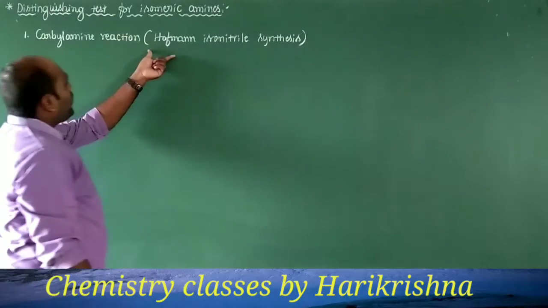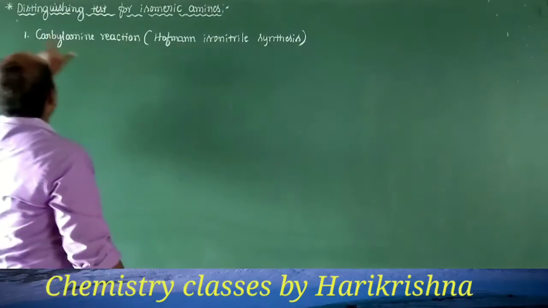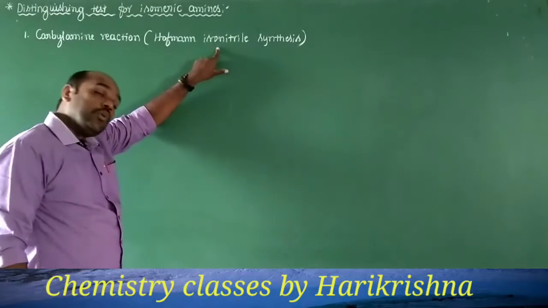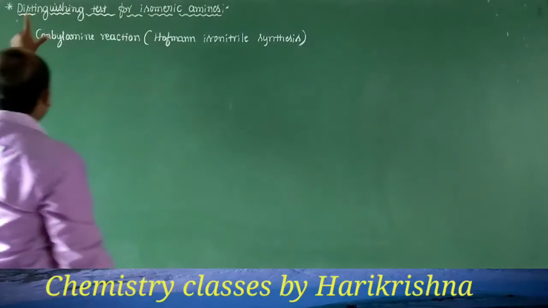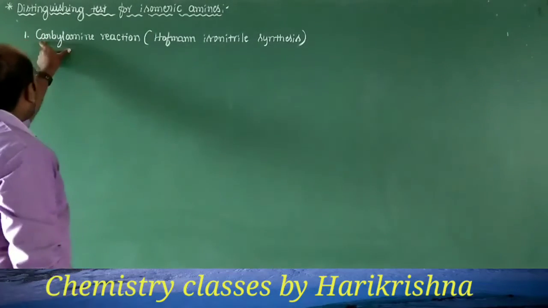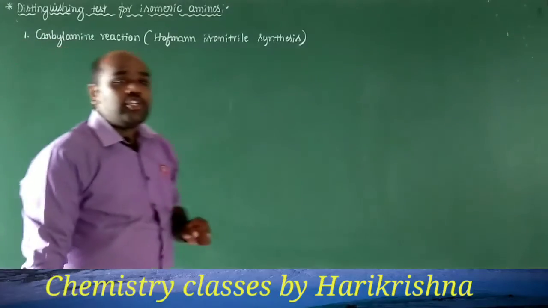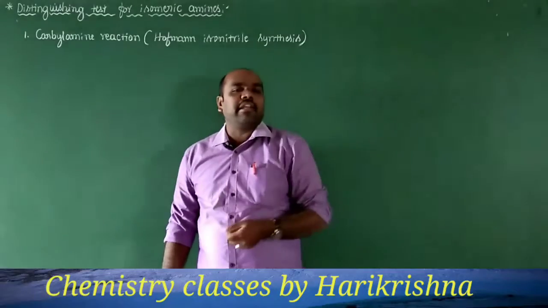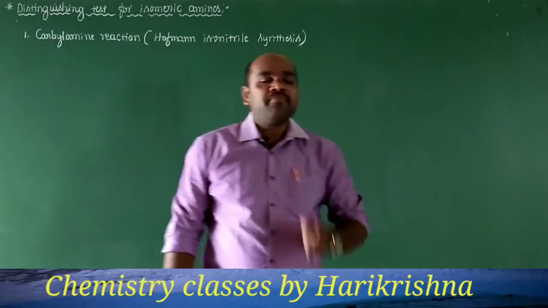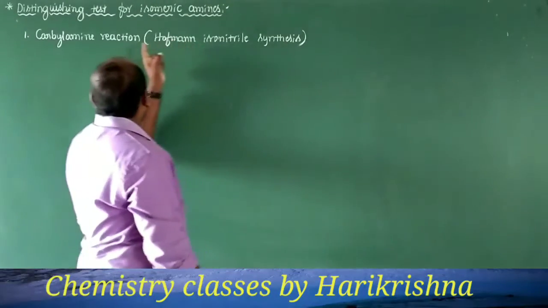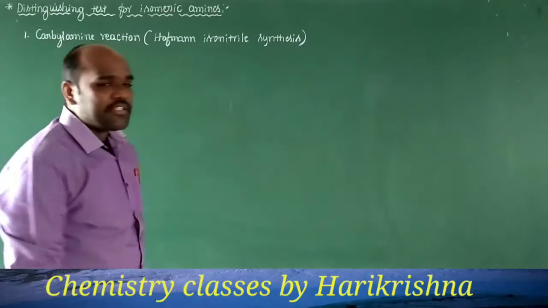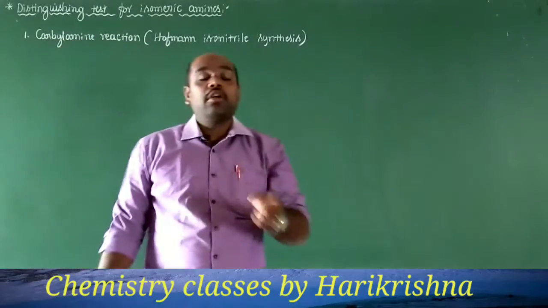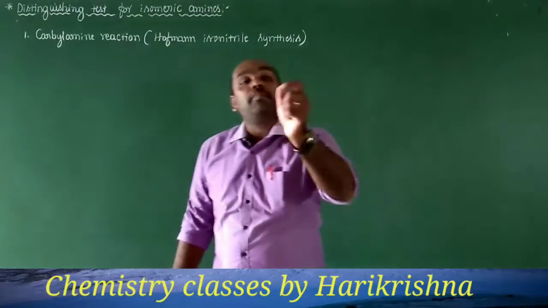So by looking at the heading itself, you can come to know that in the carbylamine reaction, we observe the formation of isonitriles. First, we shall see how this reaction is useful in predicting whether a given amine is primary, secondary or tertiary. Strictly speaking, the carbylamine reaction, also called Hofmann isonitrile synthesis, is preferably used to identify the primary amine.